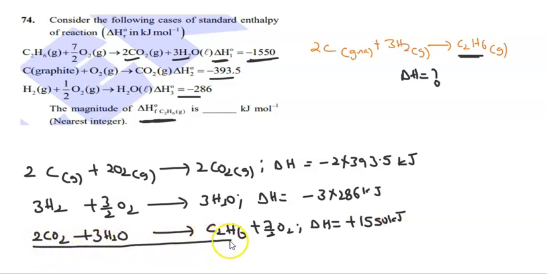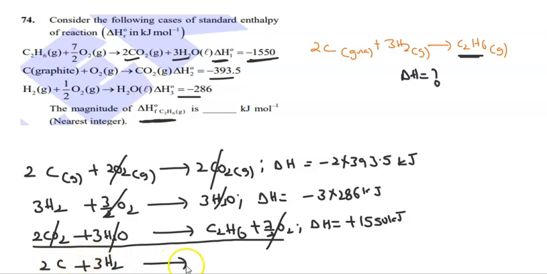If you add these three equations, 2CO2 gets cancelled, 3H2O gets cancelled, and the 7 by 2 O2 cancels with 3 by 2 O2 plus 2O2. 2C plus 3H2 gives C2H6.